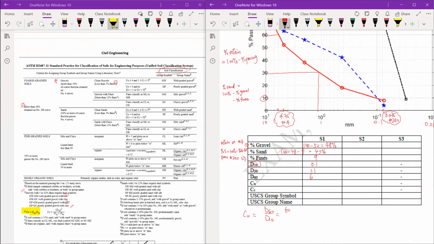Doing the math, D60 is 6 divided by 0.1, which gives us 60. Similarly, we do C sub C. According to the equation, it is D30 squared divided by D10 times D60.